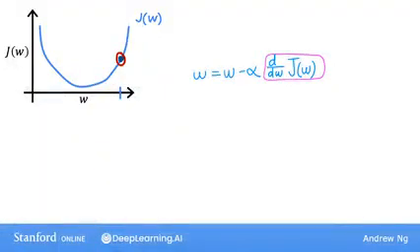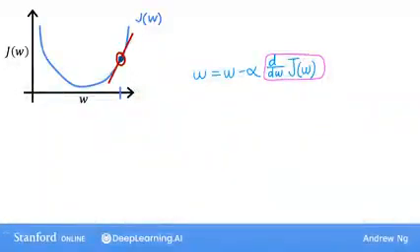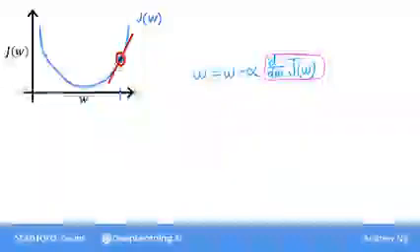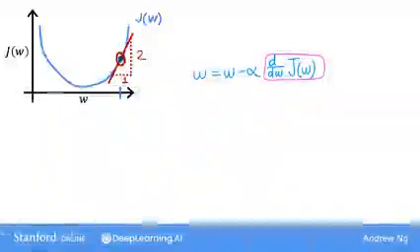A way to think about the derivative at this point on the line is to draw a tangent line, which is a straight line that touches this curve at that point. In math, the slope of this line is the derivative of the function j at this point, and to get the slope, you can draw a little triangle like this, and if you compute the height divided by the width of this triangle, that is the slope.